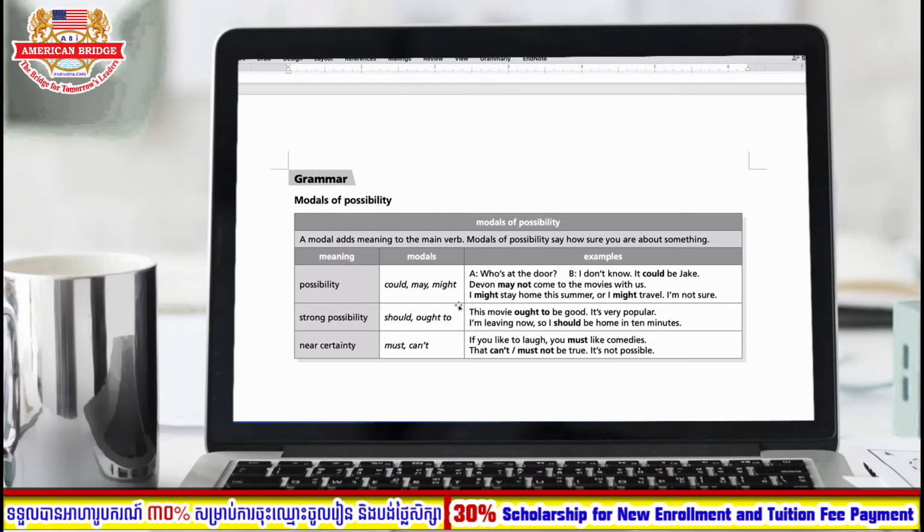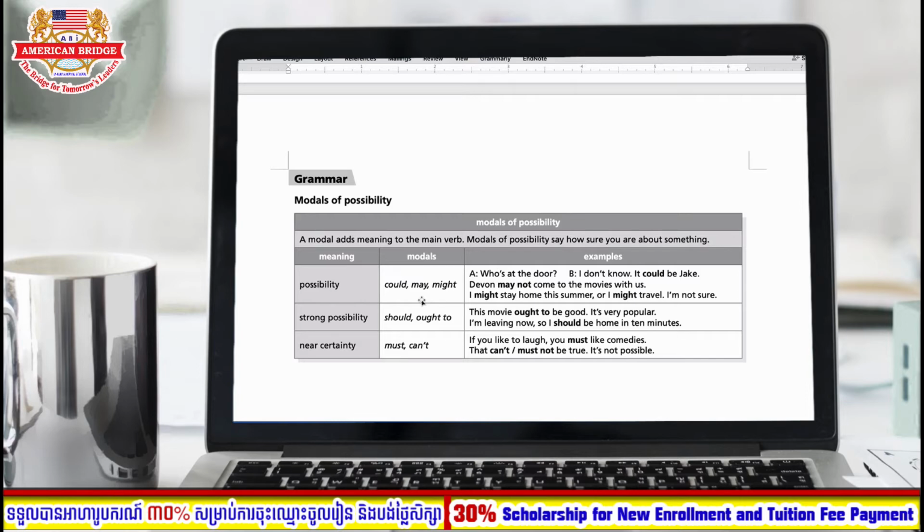Okay, so let's look at this. For the modal verbs of possibility, there are 3 main groups. We have the 50-50 possibility, and we have strong possibility, where the probability of what you are predicting can be 80% true.